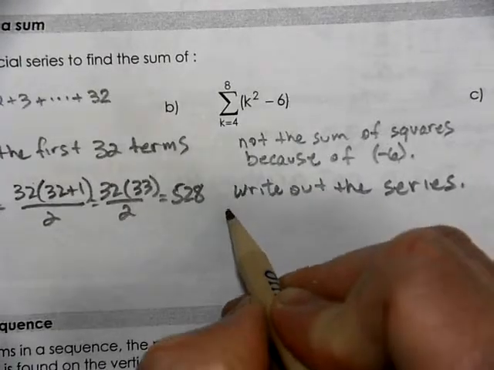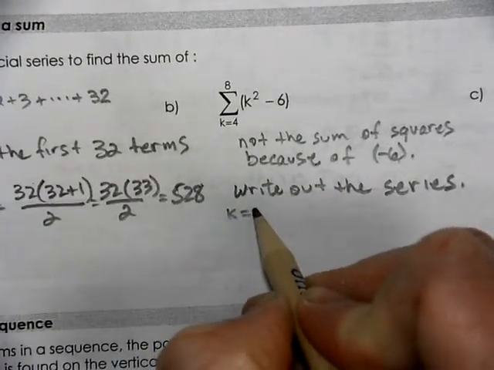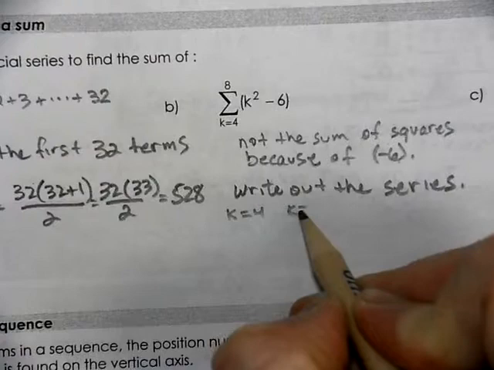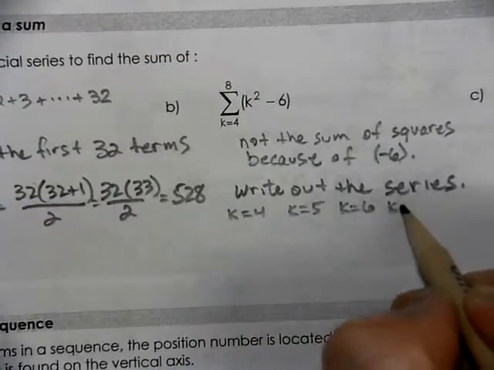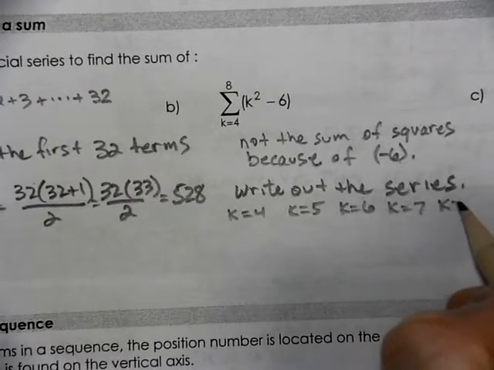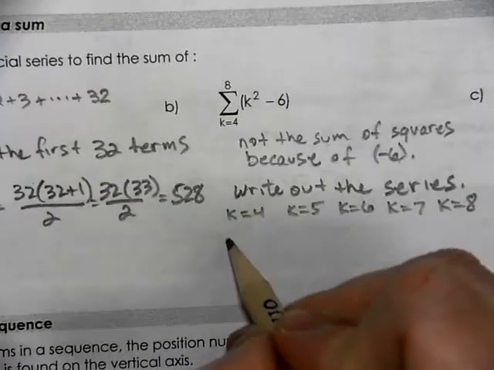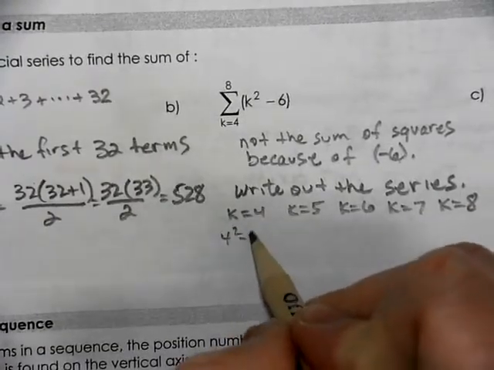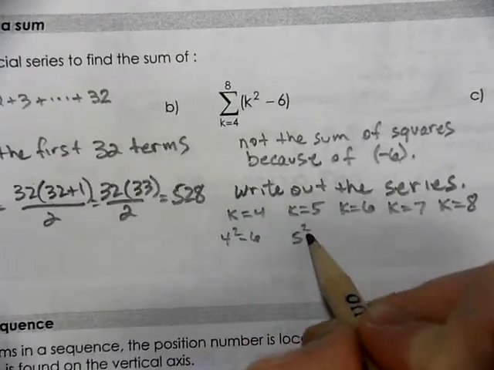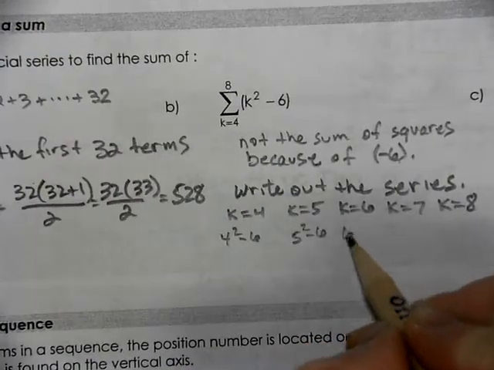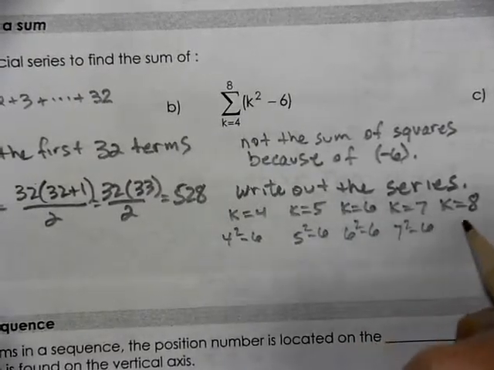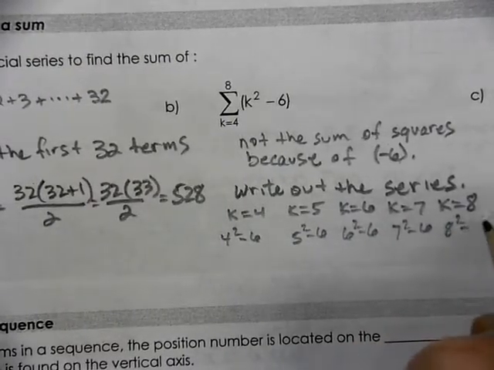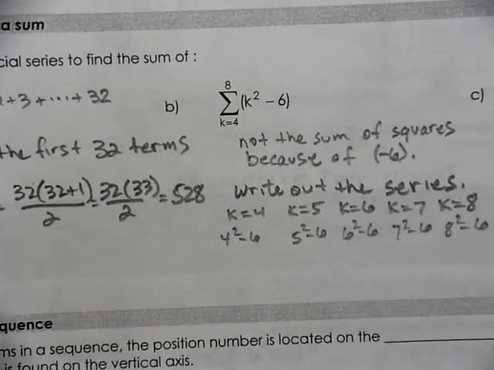So we're going to look at when k is 4, when k is 5, 6, 7, and 8. So we're going to have 4 squared minus 6, 5 squared minus 6, 6 squared minus 6, 7 squared minus 6, and 8 squared minus 6.